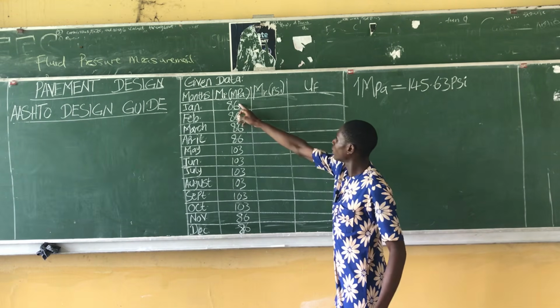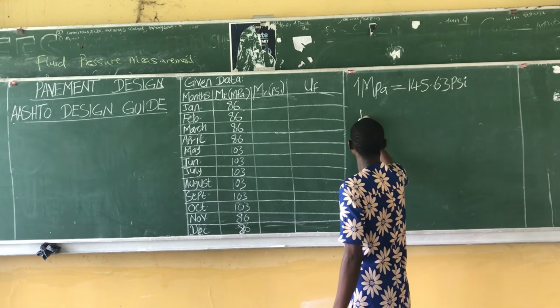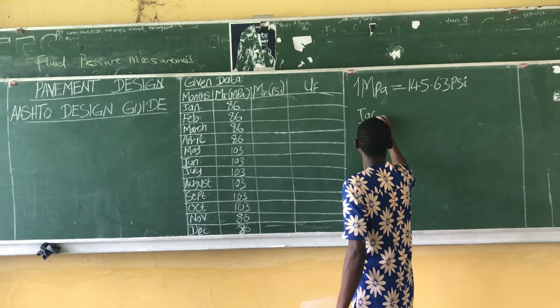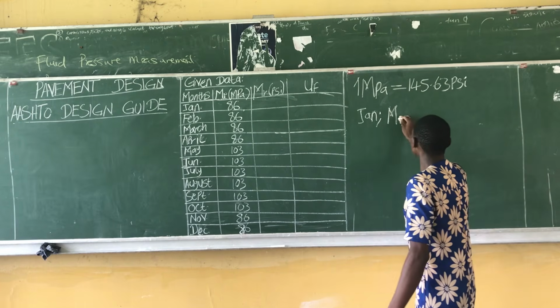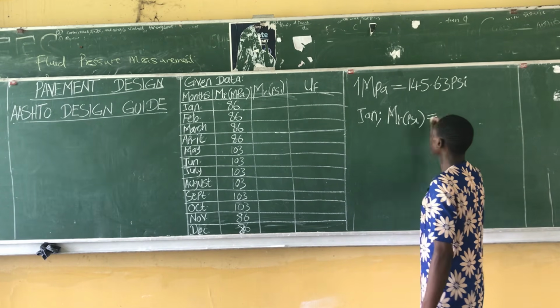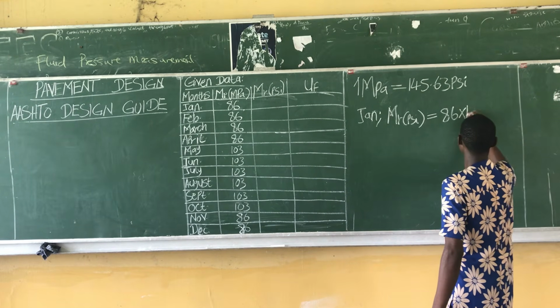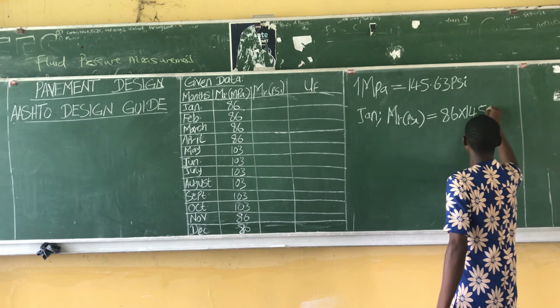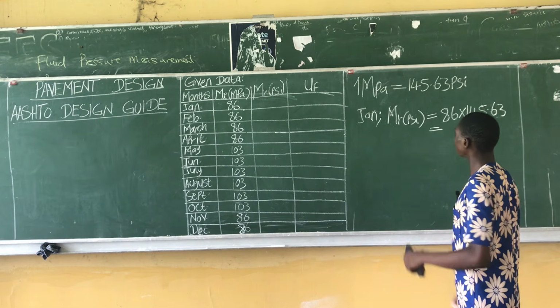For January, our resilient modulus in PSI is simply equal to 86 times 145.63.